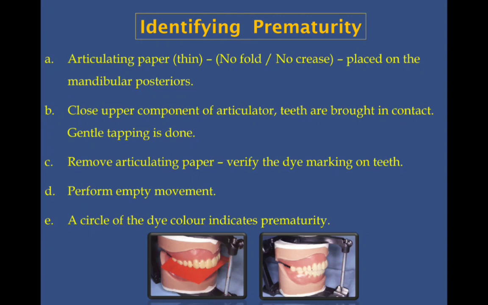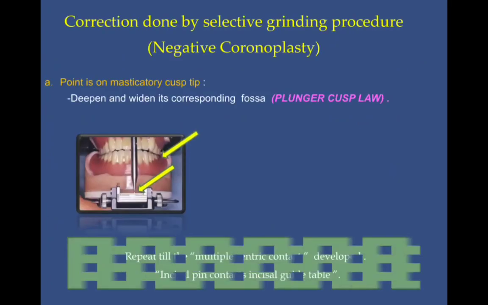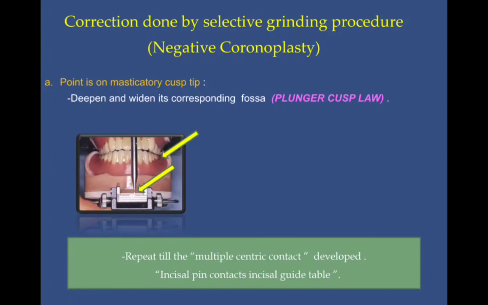The die marks which are going to be placed on the tooth surfaces, we need to inspect those die marks, and we need to reduce the excess or interfering contacts. So how are you going to correct the interfering contacts? There are two types of interferences. First is centric interference, and the second is eccentric, the lateral and protrusive interferences.